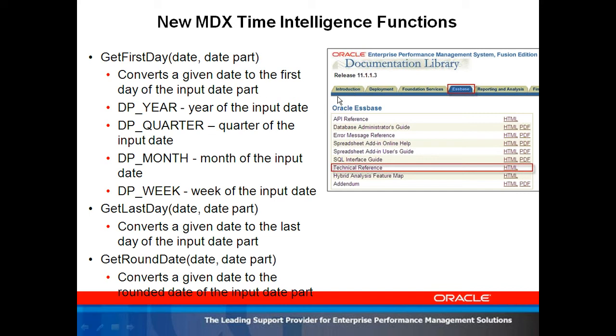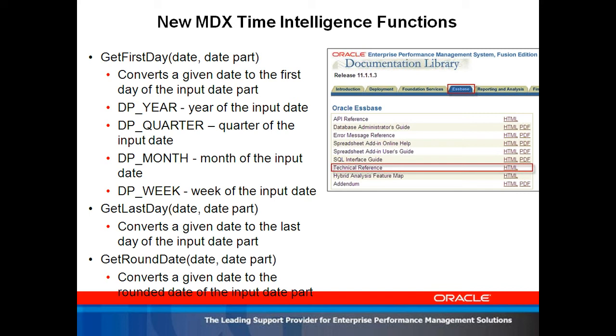For more information on these MDX functions, I refer you to the technical reference in the documentation that you can get from otn.oracle.com. Select the documentation link on the left, select the Enterprise Performance Management on the right, it's hard to spot.